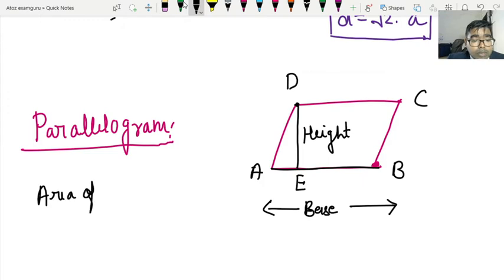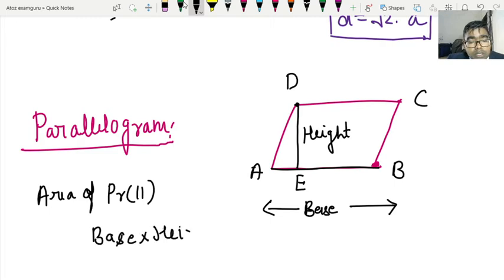Area of a parallelogram is base into height, in unit square, right friends?